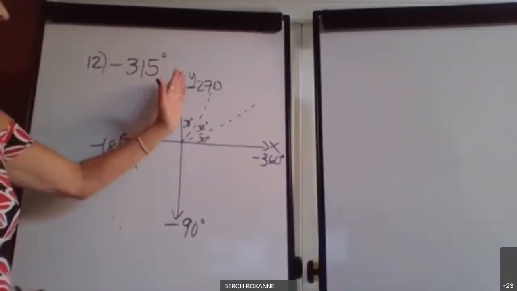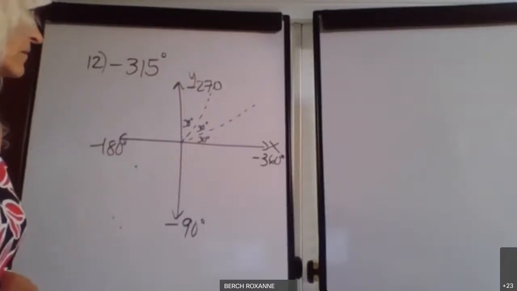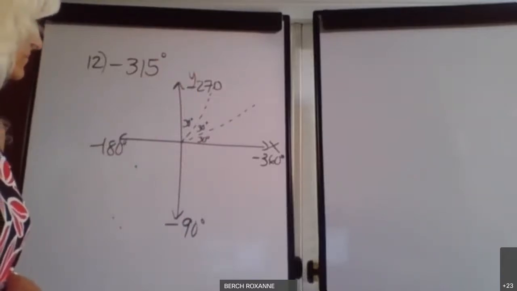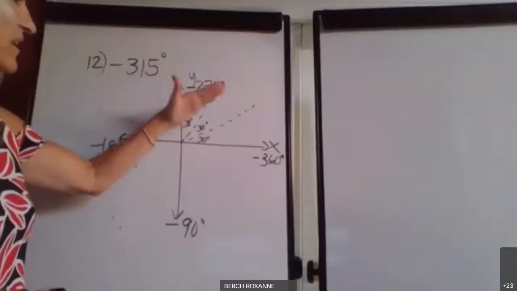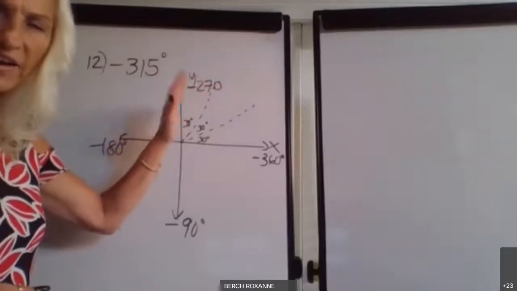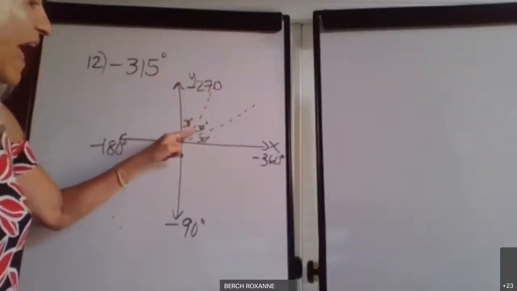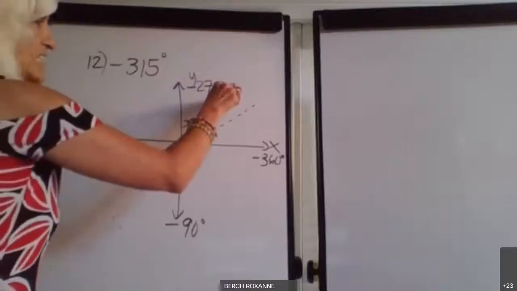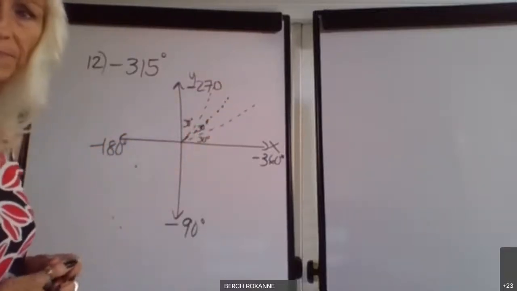So what's negative 270 minus 30? Negative 300. That's not it. See how it's not working out exactly right, but I could still take half of 30 and split that down to 15 and 15 if I wanted to.